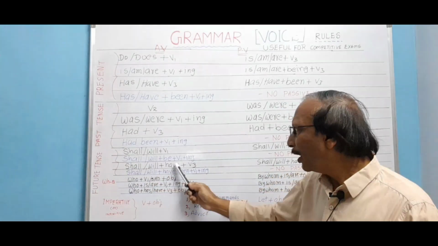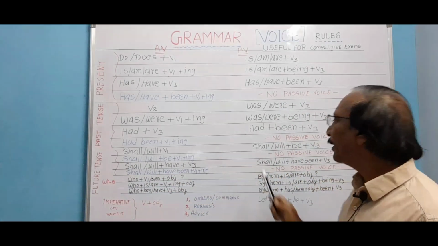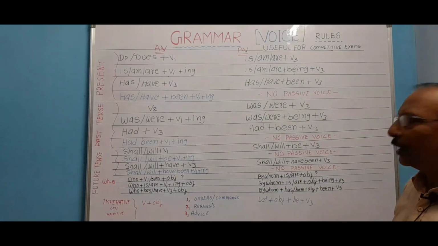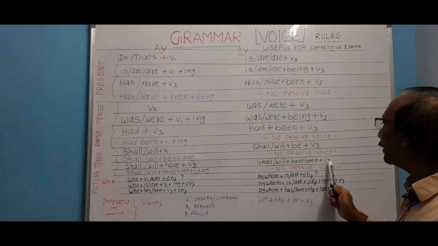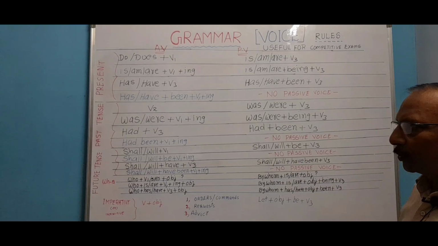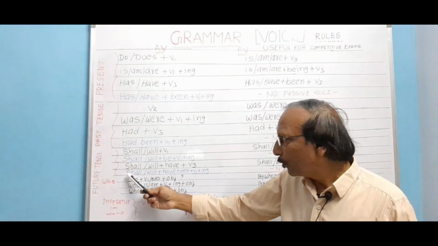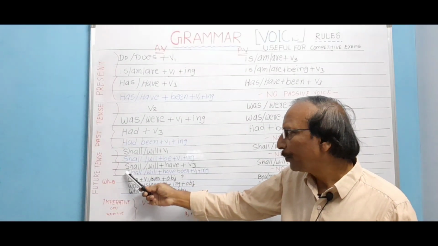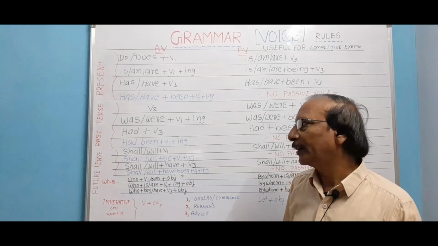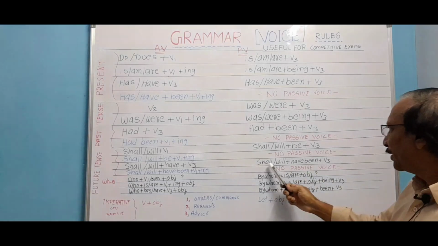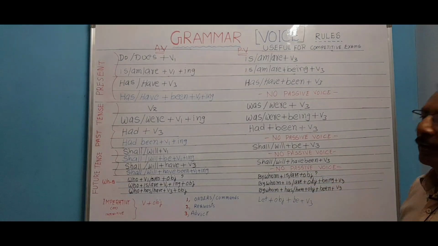He shall have written letters. Letters shall have been written by him, or if it is she, her. Now, if we use we shall have written letters. We shall have written letters. Letters shall have been written by us.